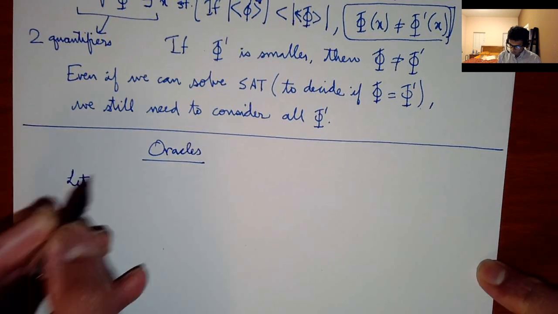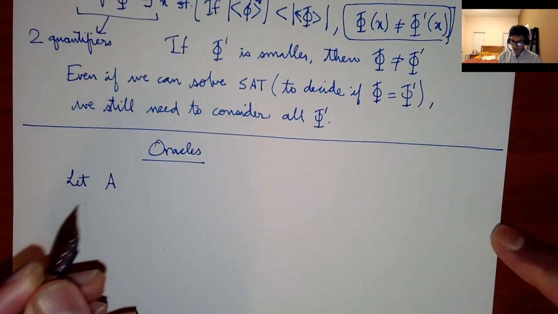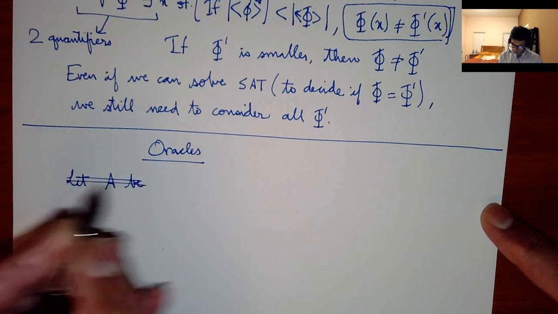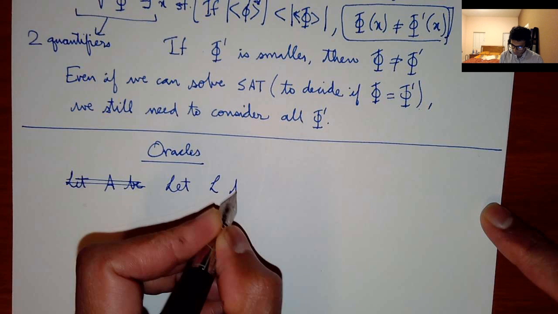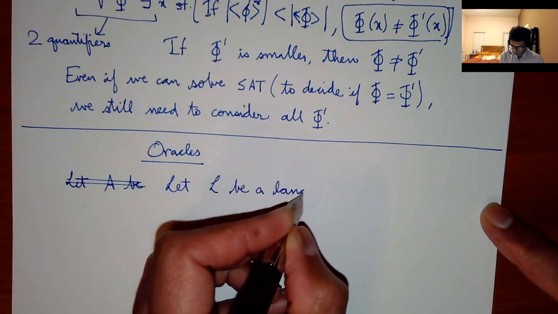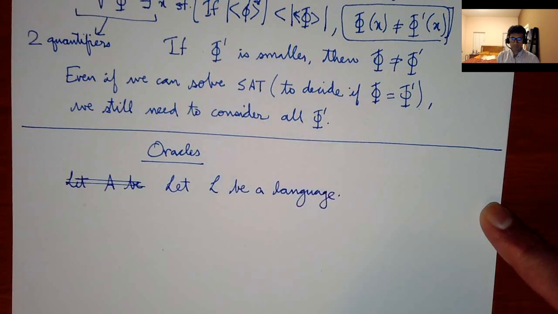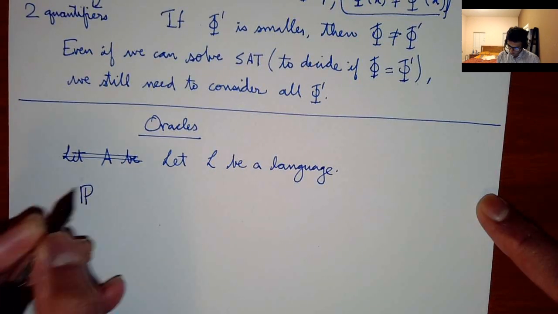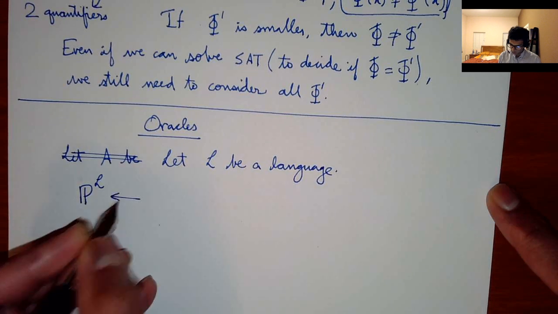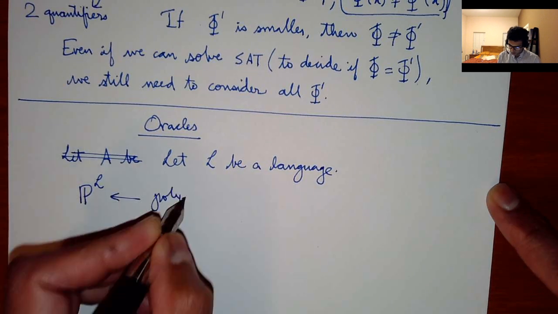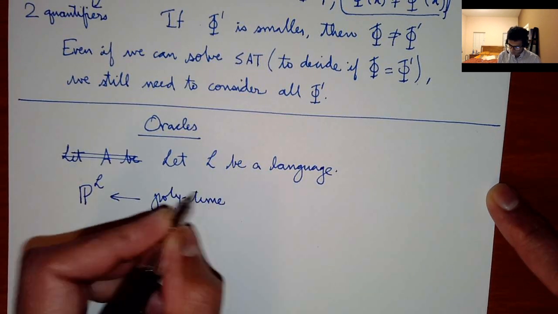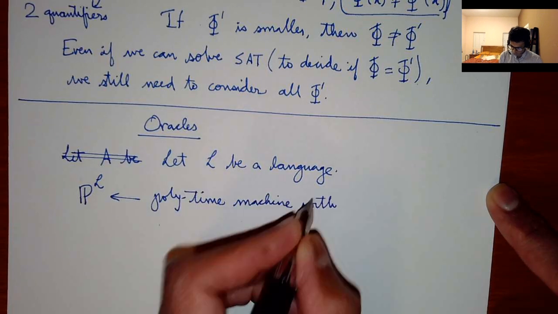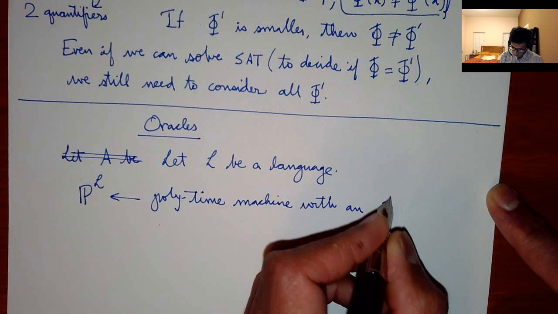So let me instead do it as, let L be a language. P to the L. What this means is it's a polynomial time machine with an L oracle.